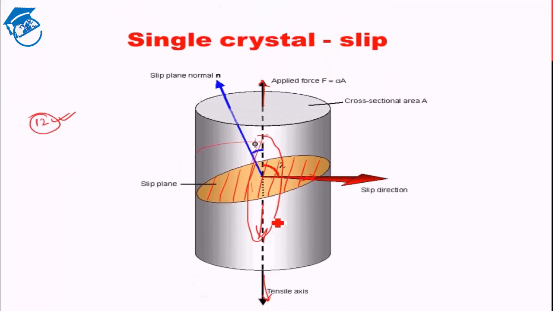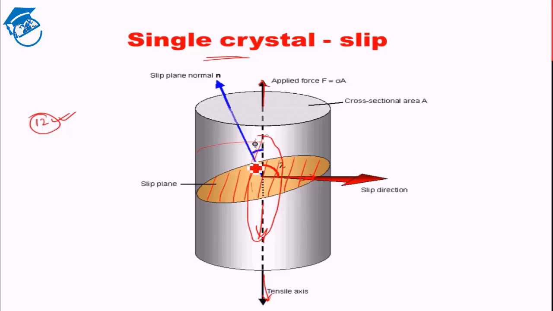The idea is that in a single crystal the dislocation motion will be the same throughout the crystal, because there is no hindrance in the form of grain boundaries or anything. Throughout the whole specimen the direction of slip will be the same. The direction of slip is not going to change anywhere.